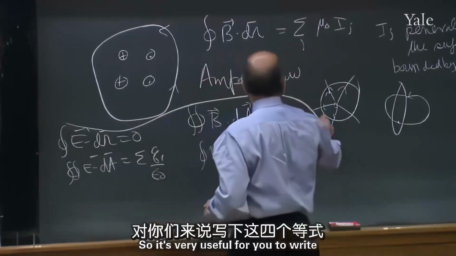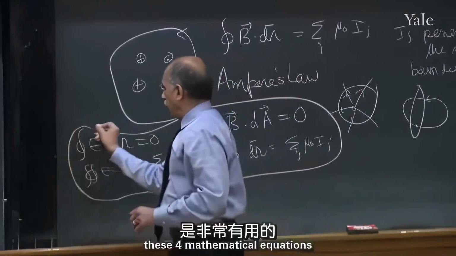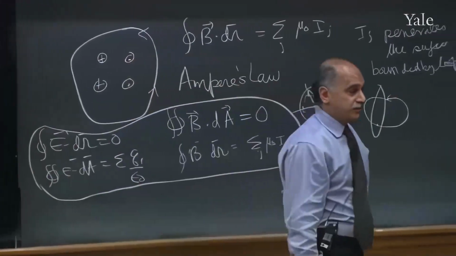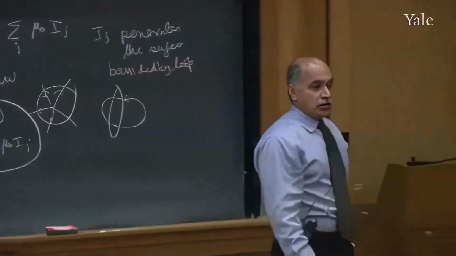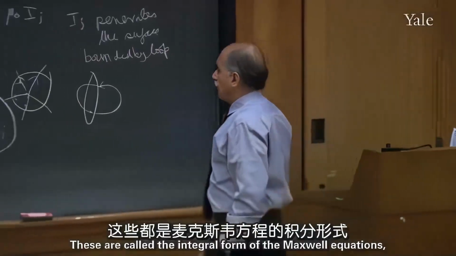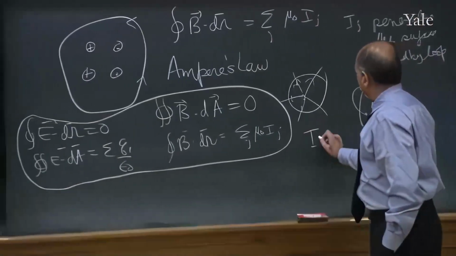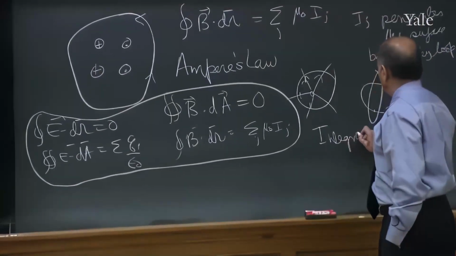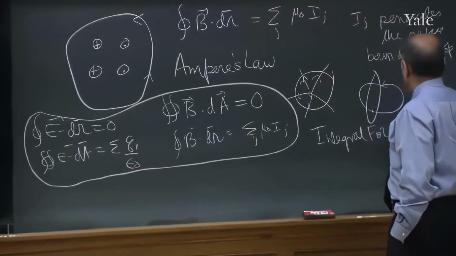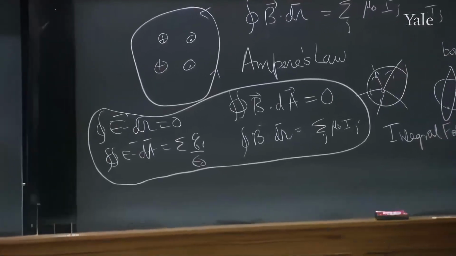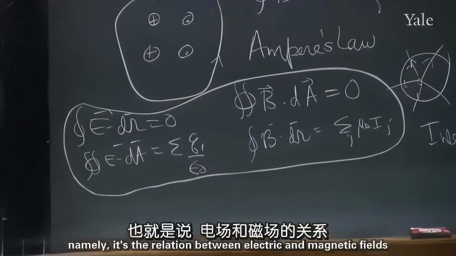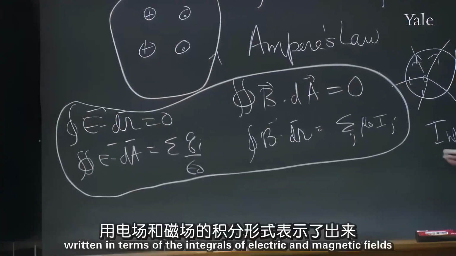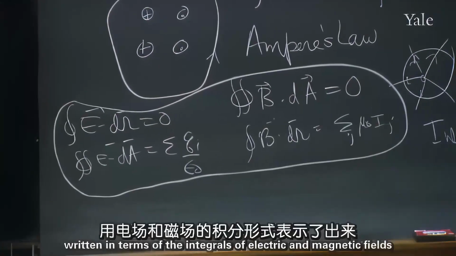So it's very useful for you to write these 4 mathematical equations. These are called the integral form of the Maxwell equations. Namely, it's the relation between electric and magnetic fields written in terms of integrals of the electric and magnetic fields.